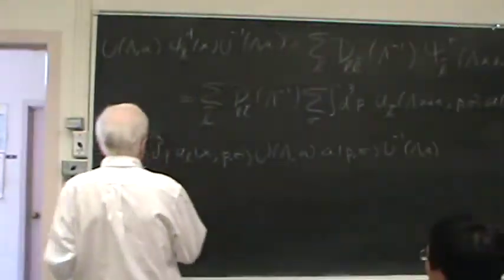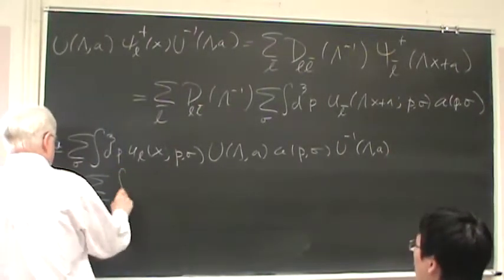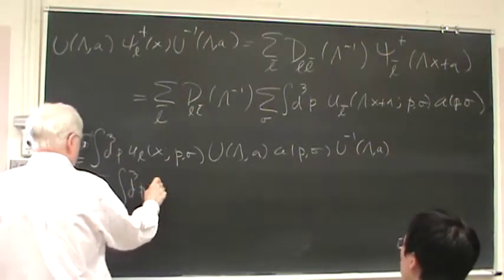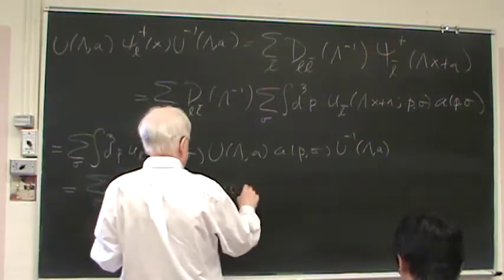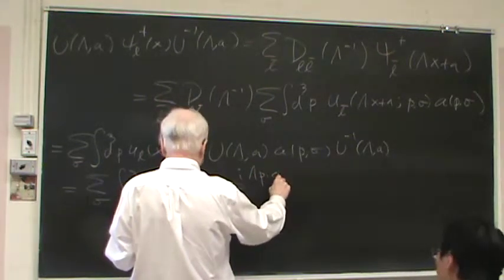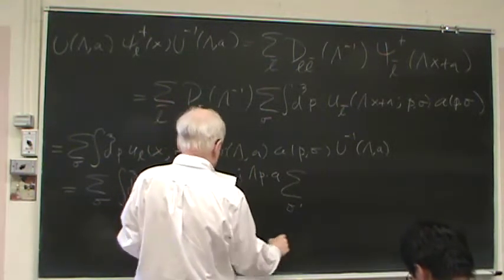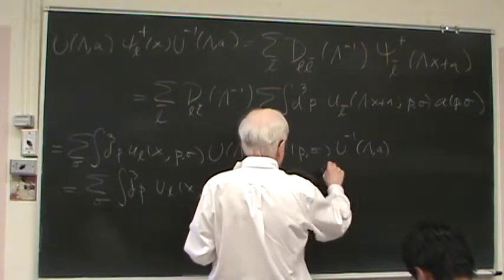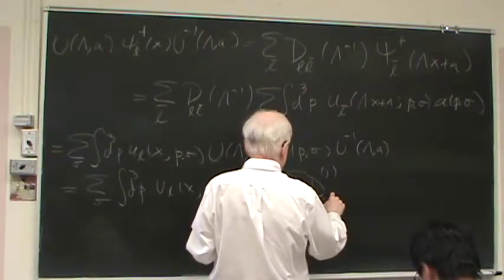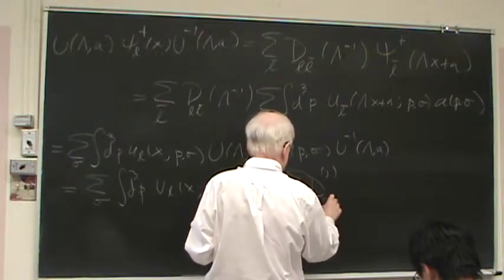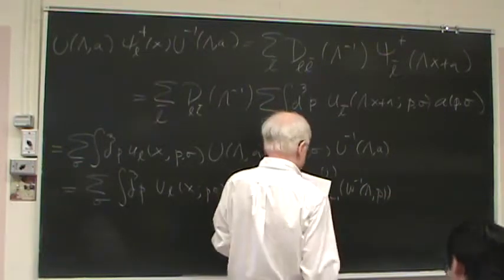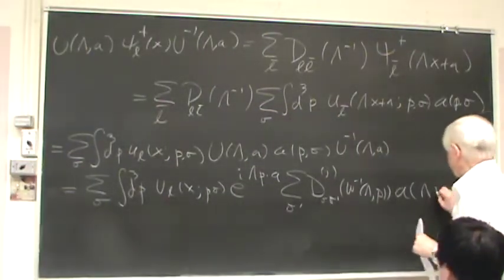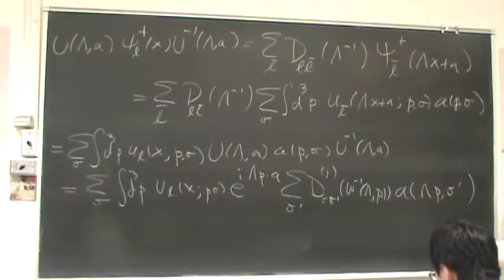And so this is going to be a sum on sigma integral dqp U^L of x, p, sigma, and this is going to be then e^{i lambda p dot a} sum sigma prime D^j of sigma prime, sigma of W inverse of lambda and p, and then a of lambda p and sigma prime.